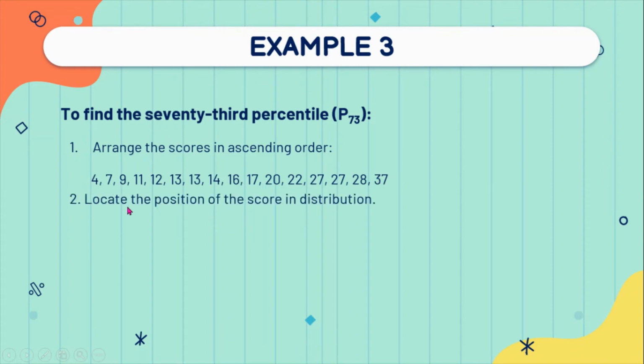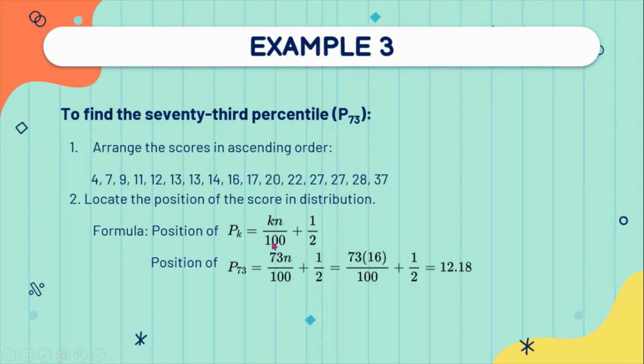Next, locate the position of the score in the distribution. The formula for the position of the percentile is equal to Kn over 100 plus 1/2. Our K here is equal to 73 since we are looking for the 73rd percentile, or P sub 73. So P sub 73 is equal to 73 times N over 100 plus 1/2.